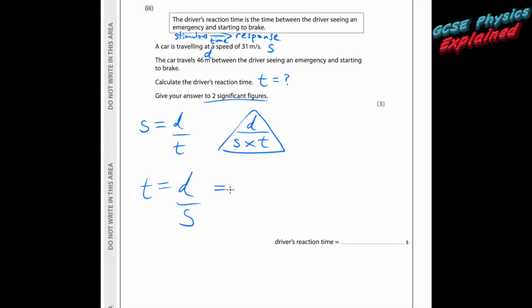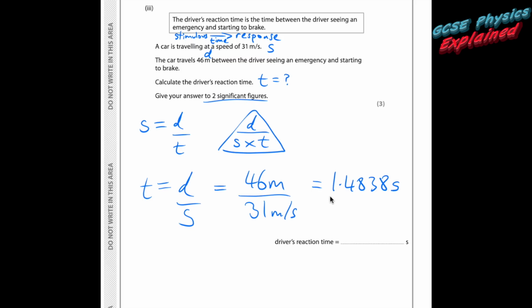Put the numbers in. The distance was 46 metres. The speed was 31 metres per second. And that comes out as 1.4838 seconds. Now they want it to two significant figures.